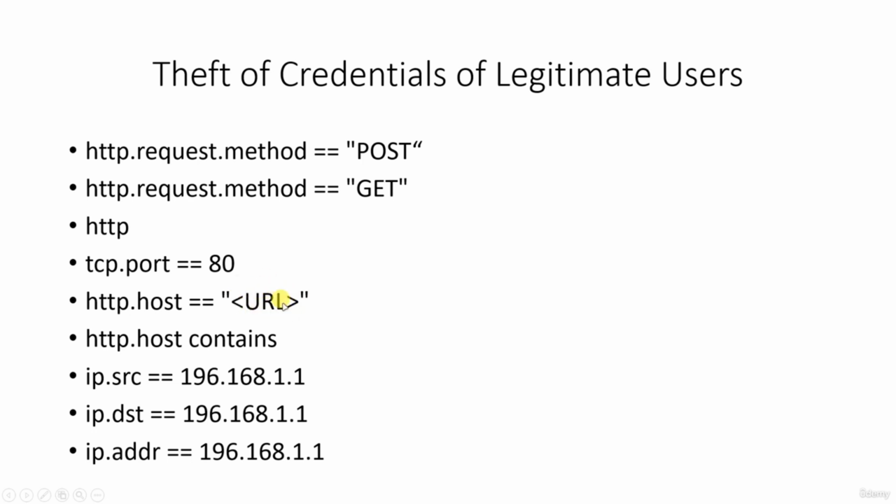You can type any specific site you want to search, and this one searches requests to a specific site by name. Then with this IP address filter, you can show all traffic from a specific IP. Make sure you try all of that. And this one shows all traffic that has a specific IP address as source or destination.